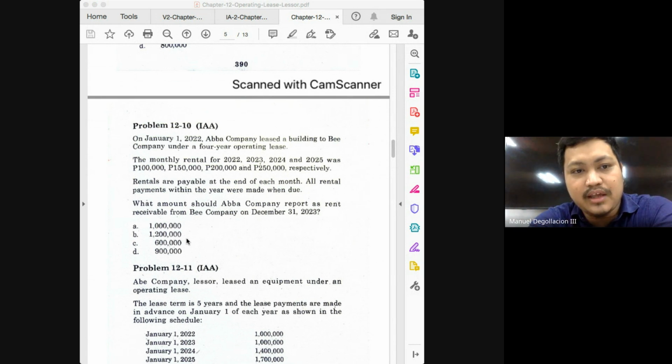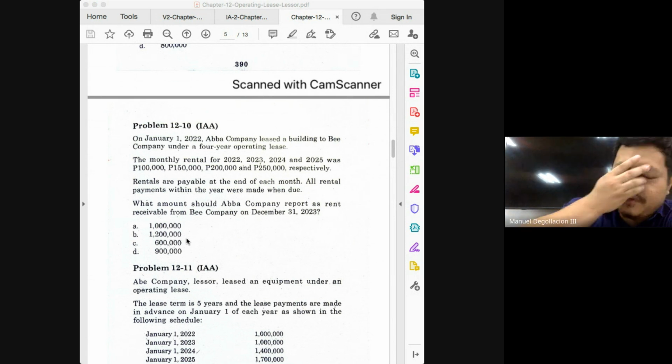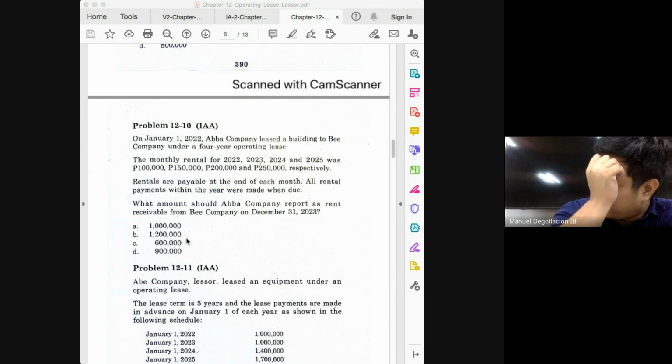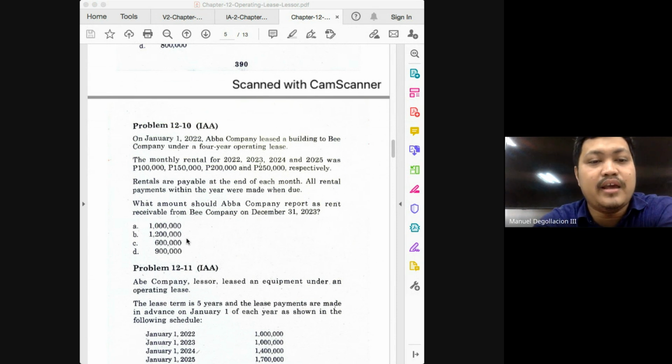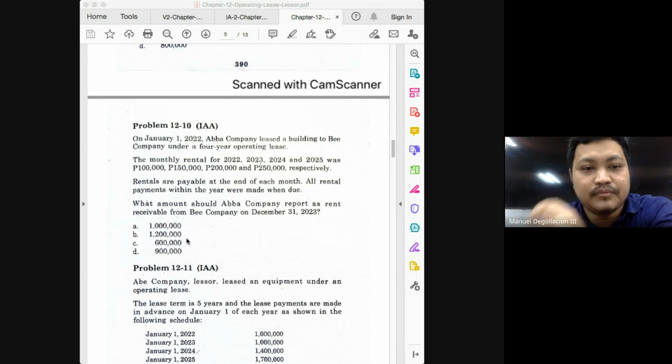For 2023, 150 times 12 is 1,800,000. Then 200 times 12, that would be 2,400,000. Then 250 times 12, that would be 3 million. Add everything. That is 8,400,000.